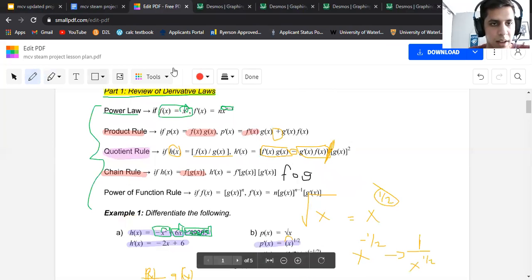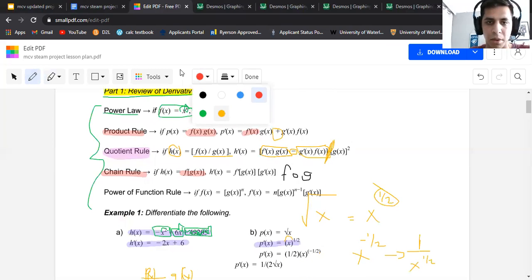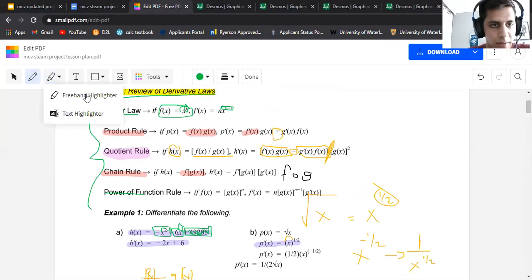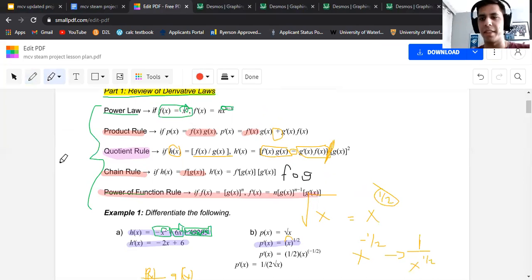Awesome. And the final derivative law that we're going to be dealing with in high school, believe it or not, is going to be power of a function rule. There it is. Power of a function rule. Okay, so basically the power of a function rule is kind of the power rule, power law, but for whole functions.